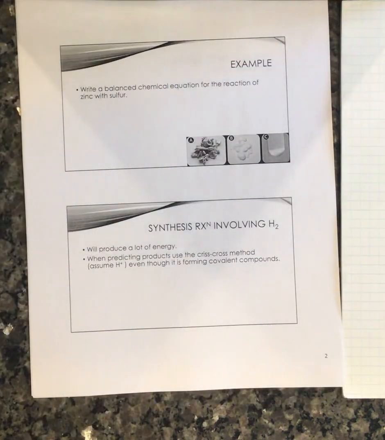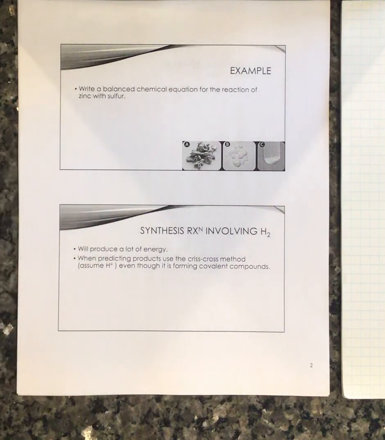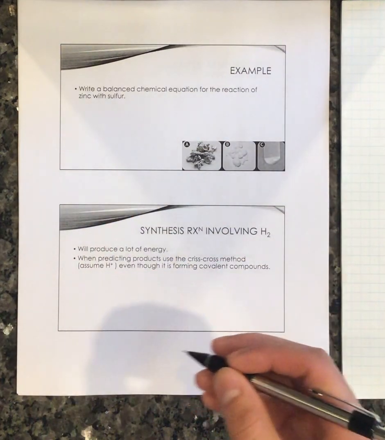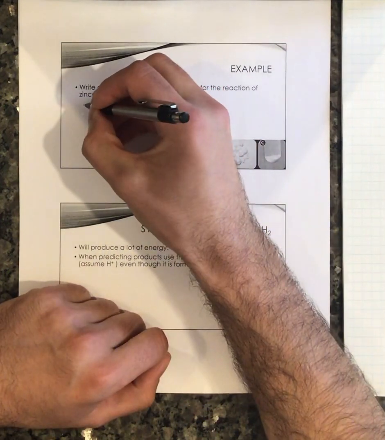So if we turn the page here, we have an example. So we'll try this one out. It says determine the balanced chemical equation for the reaction of zinc and sulfur. So the first thing that we're going to do, once again, this is our word equation, is we're going to put it into our formula.